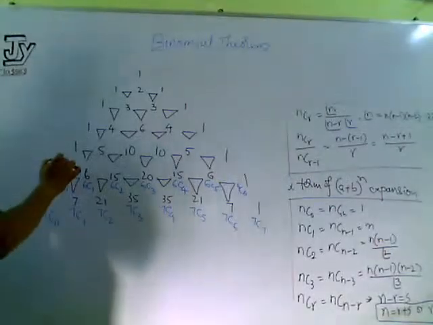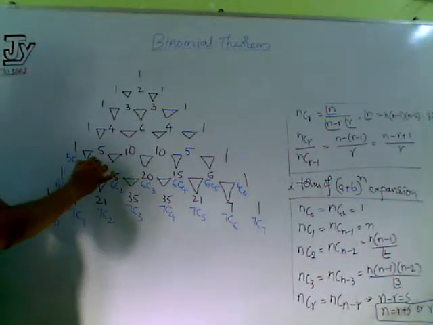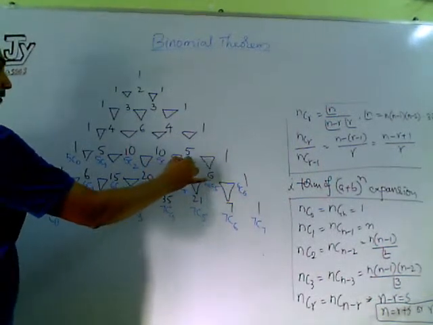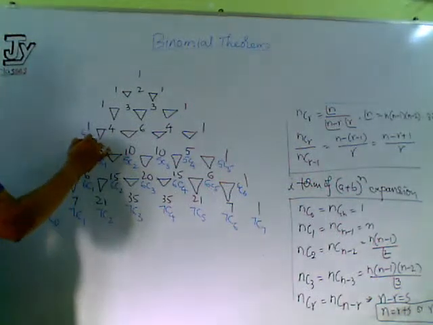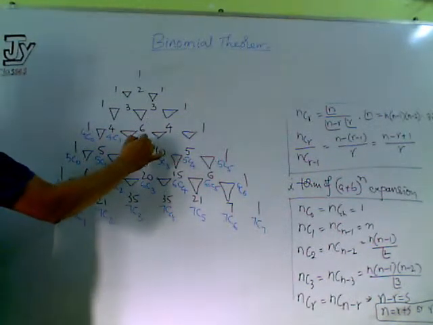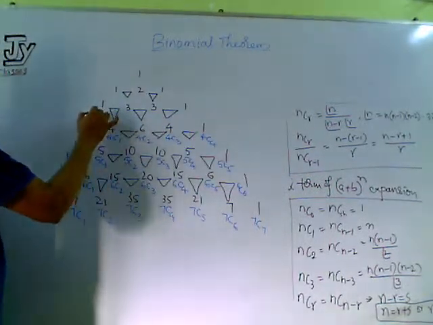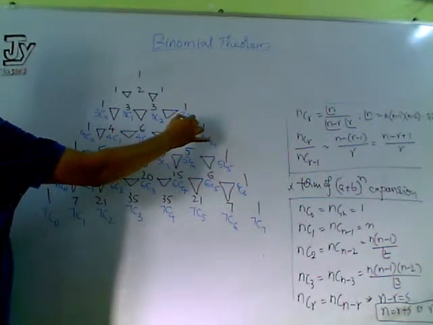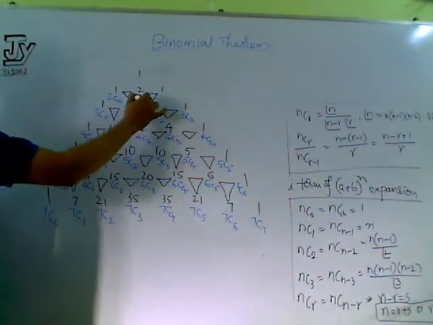Okay. Next, 5C0, 5C1, 5C2, 5C3, 5C4, 5C5. 4C0, 4C1, 4C2, 4C3, 4C4. 3C0, 3C1, 3C2, 3C3. 2C0, 2C1, 2C2.